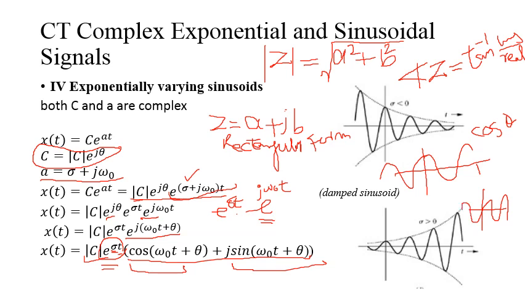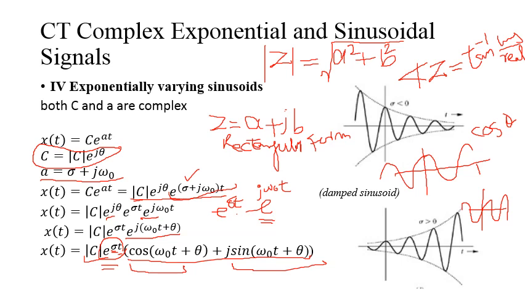Okay, so because we have two terms here, a real term and an imaginary term, the resulting graph will consist of two waveforms, one for real, that is real versus time, and one for imaginary versus time. If sigma is greater than 0, then both of these terms will be exponentially growing. So the graph of this will be an exponentially growing cosine, and the graph for this one will be an exponentially growing sine.